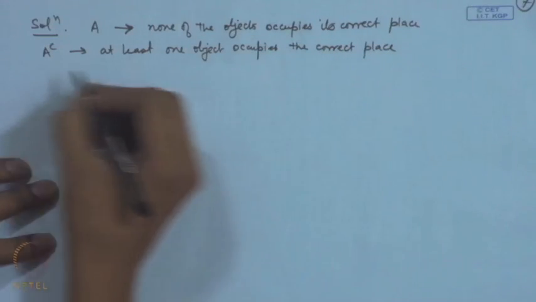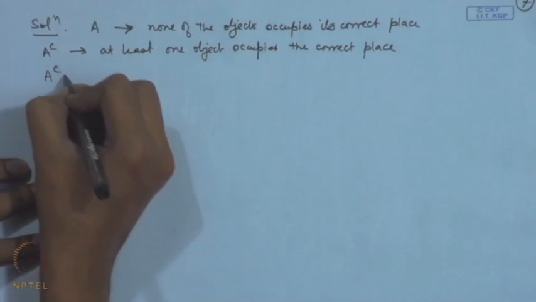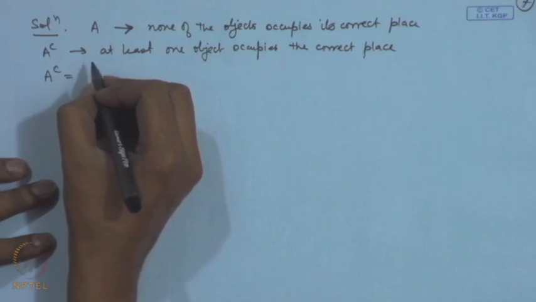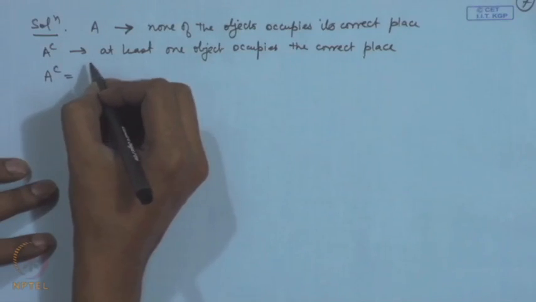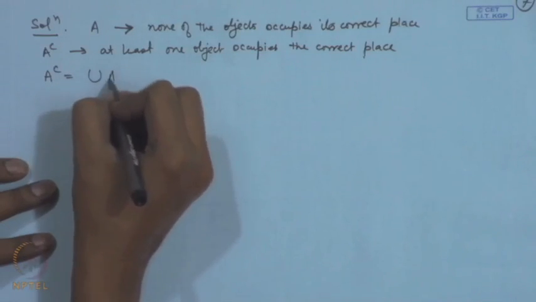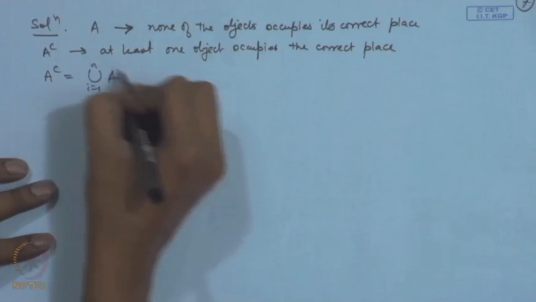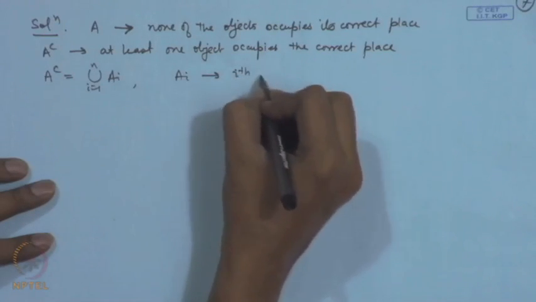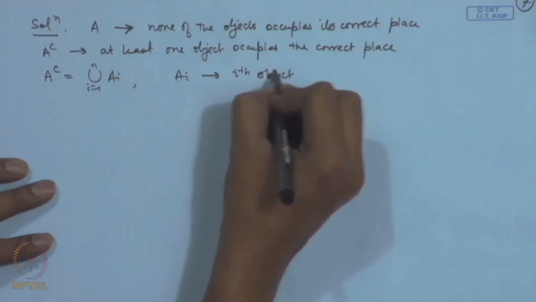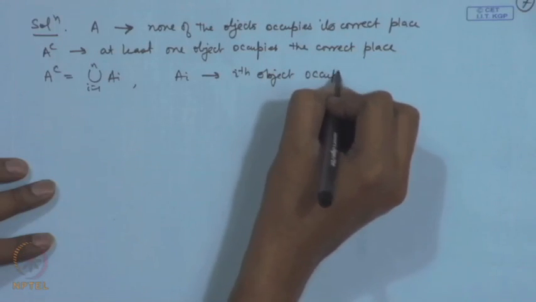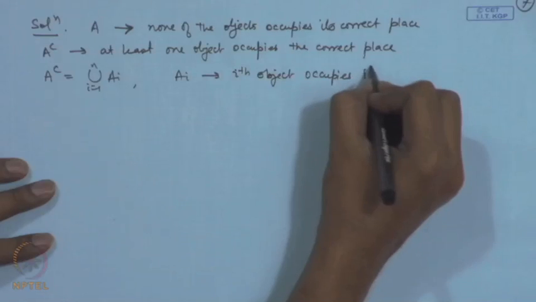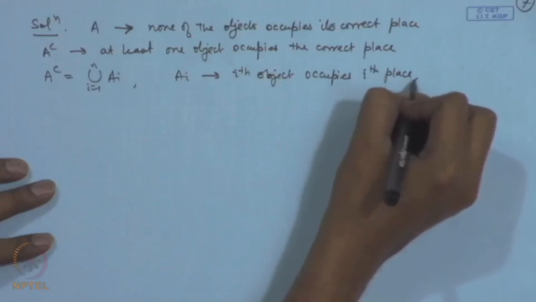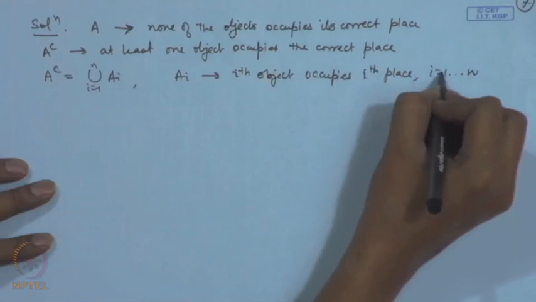Then we can write A complement as union of Ai, i equal to 1 to n, where Ai denotes that the ith object occupies the ith place for i equal to 1 to n.